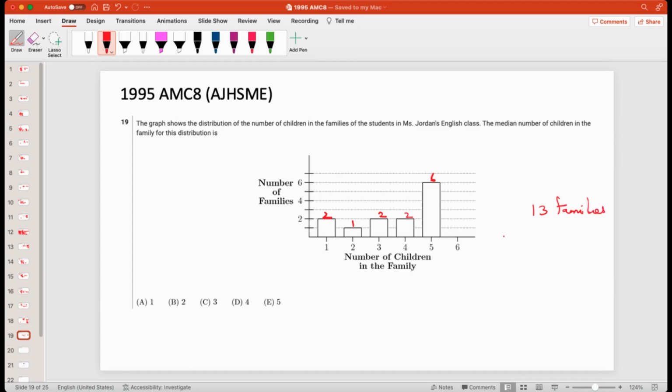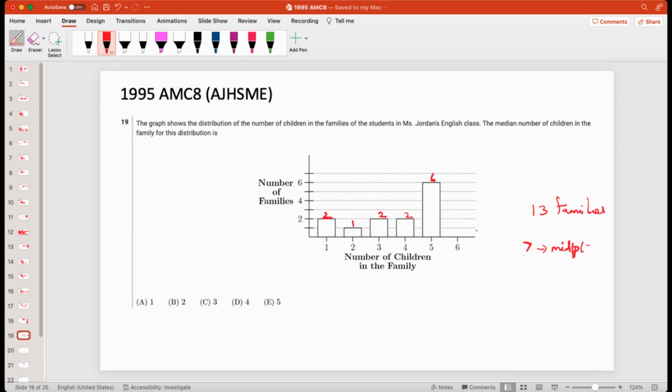So the median of 13 families. The midpoint of 13 is 7, right? If I take 7 as the midpoint, you will have 6 on this side, 6 on this side. So 7 is my midpoint. Now this is not my answer.